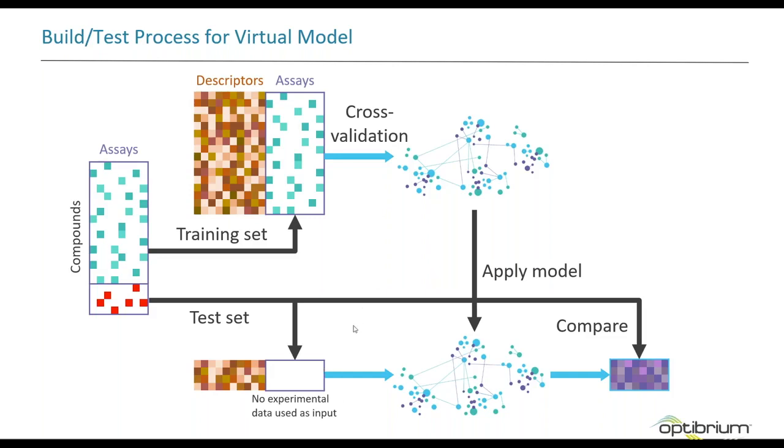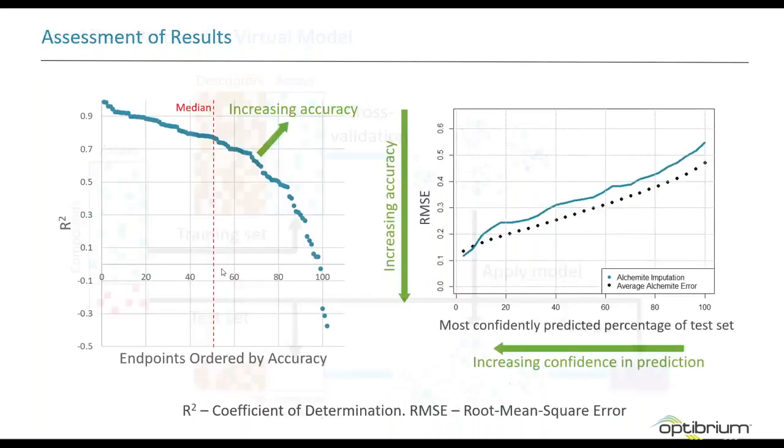So it's applied on a test set that includes only molecular descriptors as input, and it generates predictions for these compounds where no experimental data are used. Then we take the predicted values for test compounds and compare them to available measured data points. And this way we can validate the virtual model.